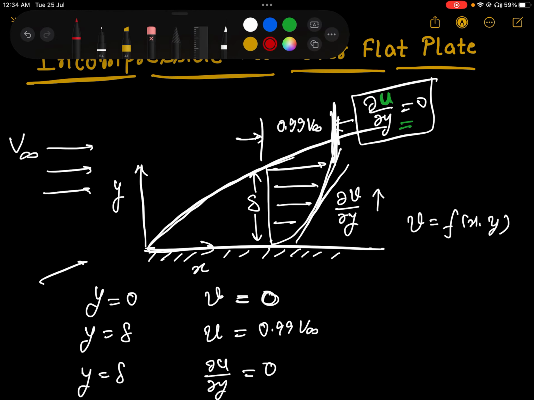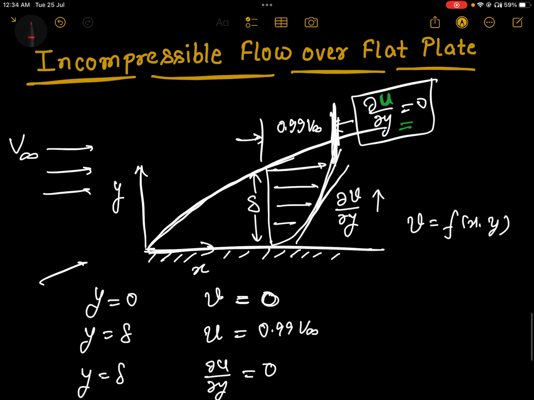Here it is very important to understand why the gradient of the horizontal component is equal to 0 at the delta location. We are showing the horizontal component of the velocity u, and that u is continuously increasing till the boundary layer thickness, and at the boundary layer thickness there will not be any gradient of the velocity. Why? Because there is no effect of the shear stresses.